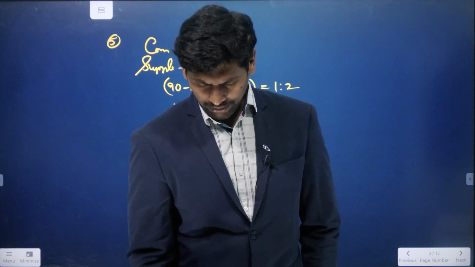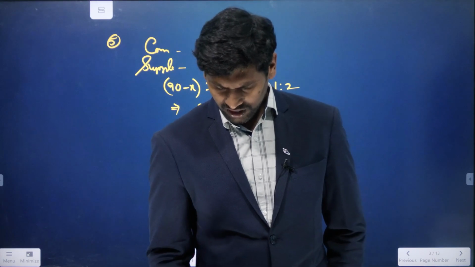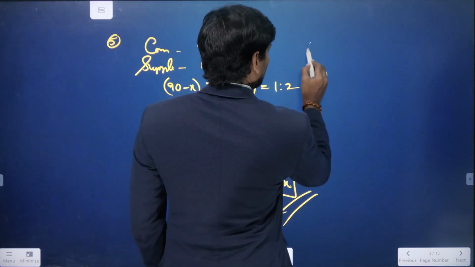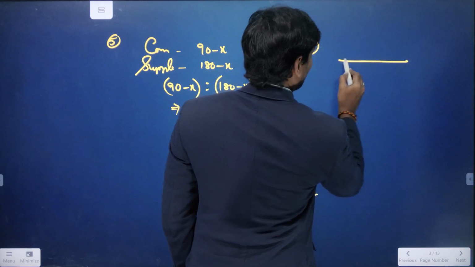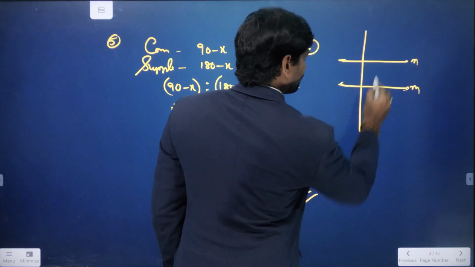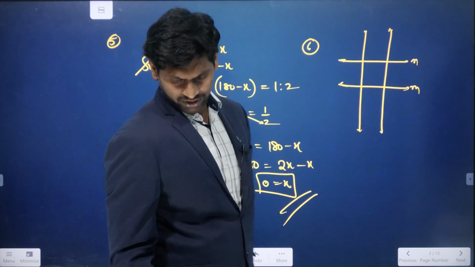Let us go to problem number 6. If n is parallel to m, P is parallel to Q. One diagram is given that n is parallel to m and P is parallel to Q. Like this one diagram is given.